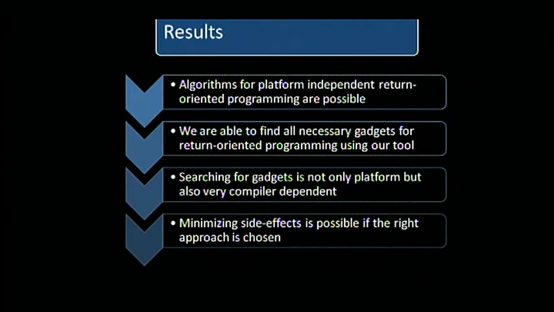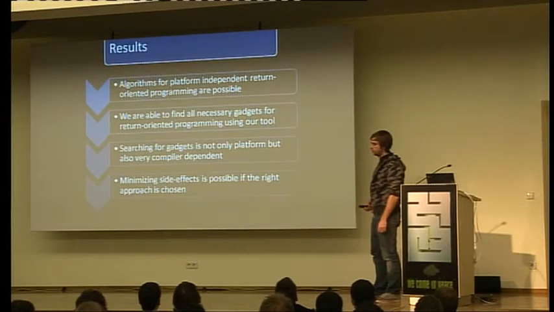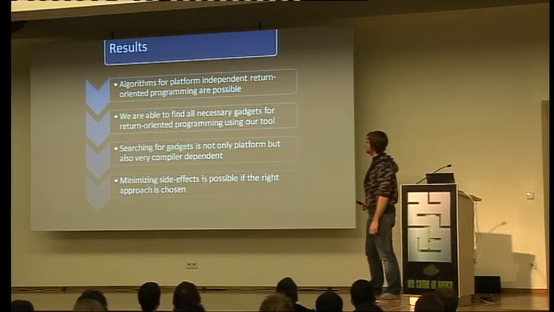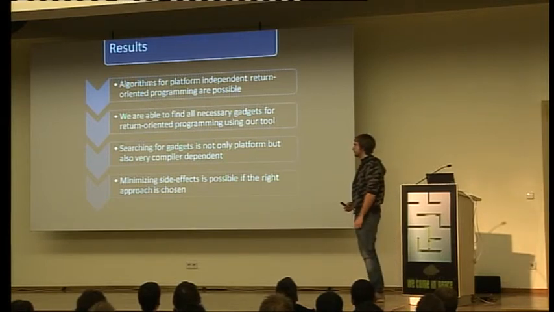We are able to find all the necessary gadgets for return-oriented programming with our tools, so that it fulfills the Turing-completeness that return-oriented programming has. It always depends a lot on how large your binary is, though. If you have returnless kernels or something like that, as I have heard some people have done now, it might be a little more difficult, but there's always a way around that.